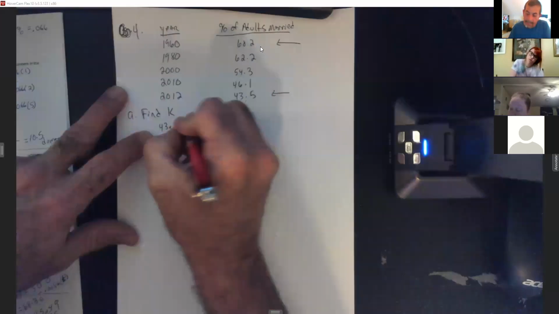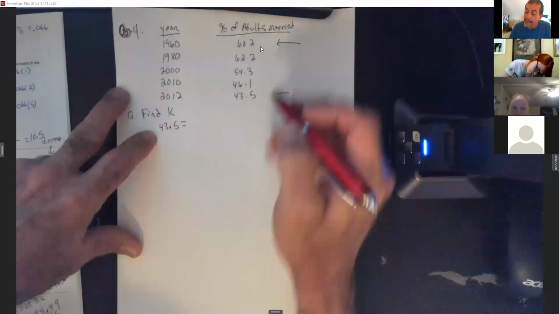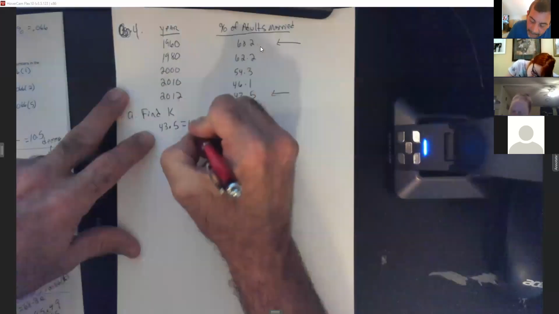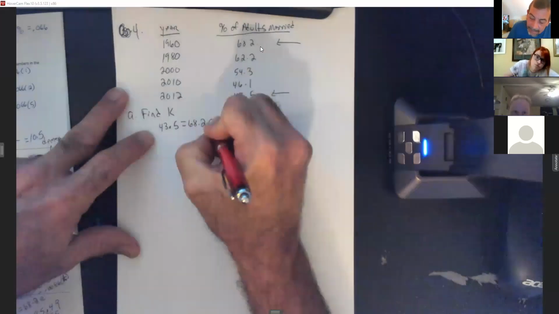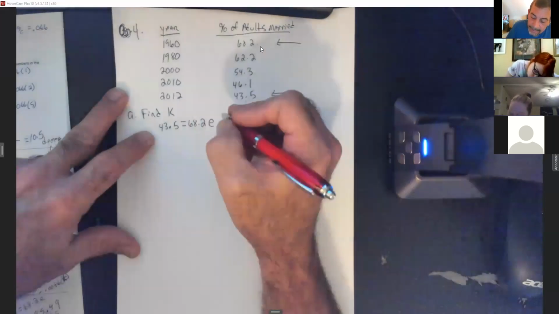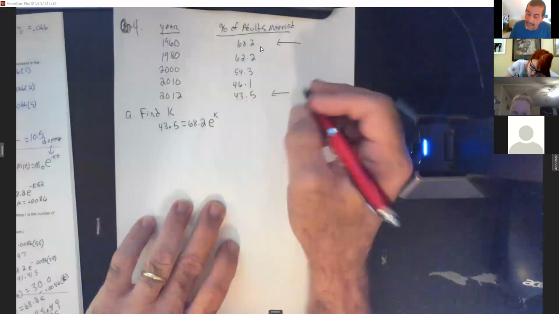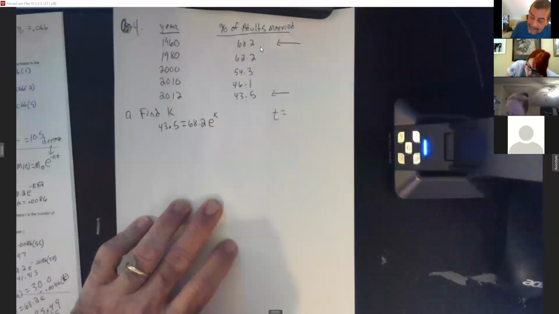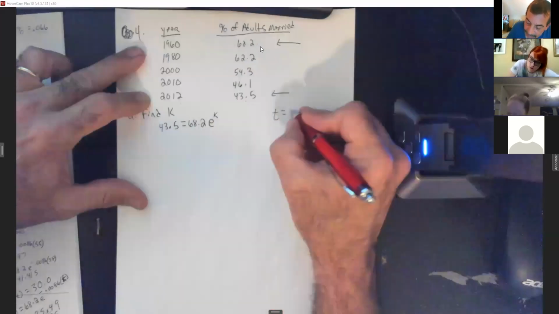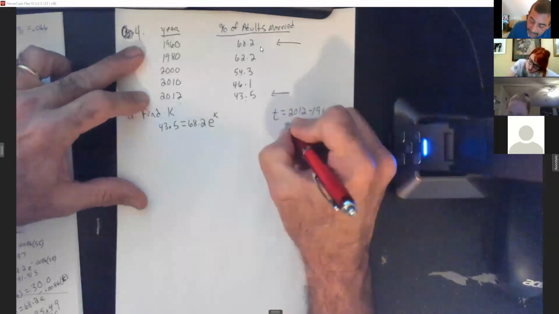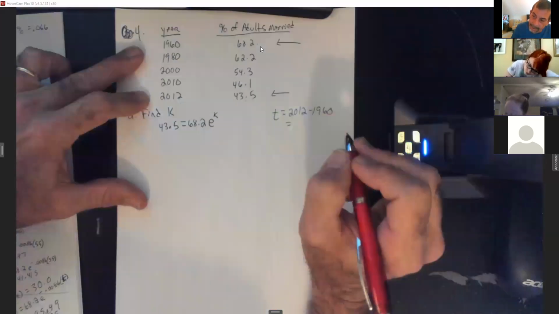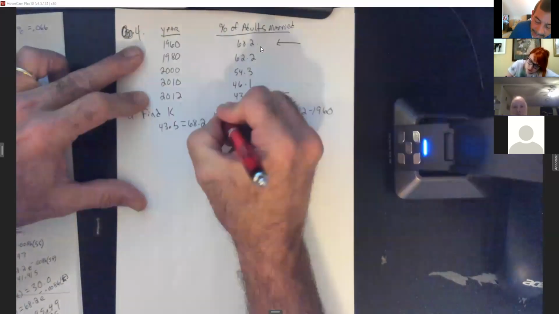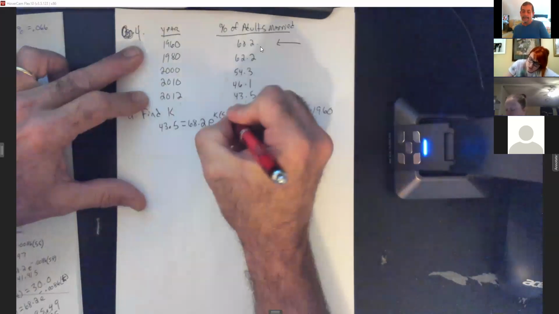So we're going to set 43.5 equals the beginning amount, which was 68.2, times e to the K. Now T, let's figure out how many years went by. So from 2012 to 1960, that's 52 years. So that my T will be 52.